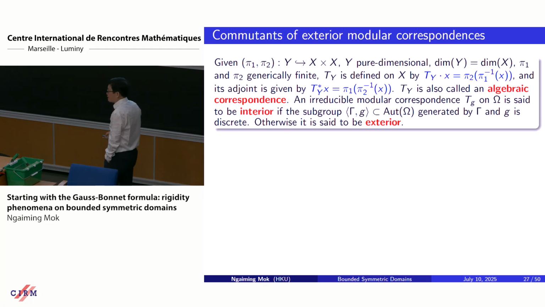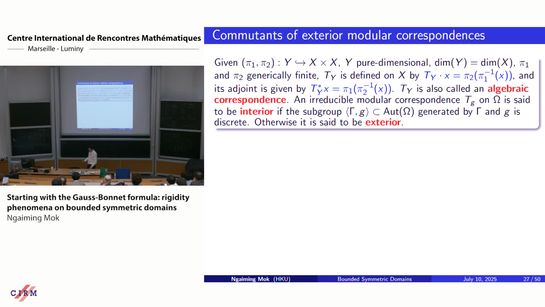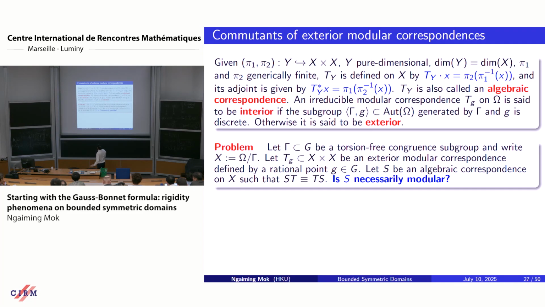Now comes another thing which involves the rigidity theorem. This is the question of commutants of Hecke correspondences. And to cut things short, Clozel and Ullmo posed this question, and I was visiting Oxford, and then I got interested in the problem. They were trying to ask when T is a correspondence defined by a Hecke correspondence, which is in some sense non-trivial, an exterior modular correspondence.